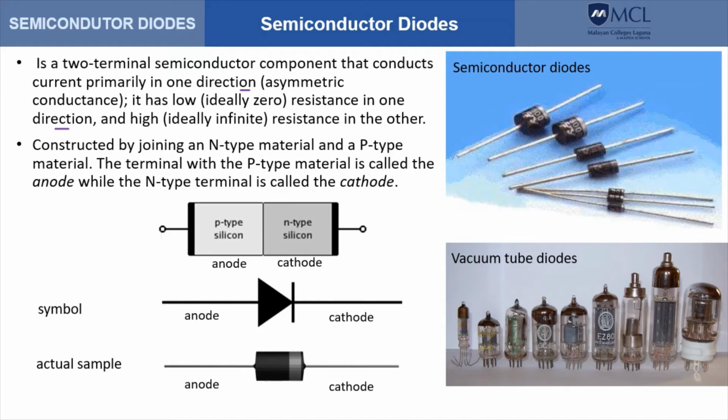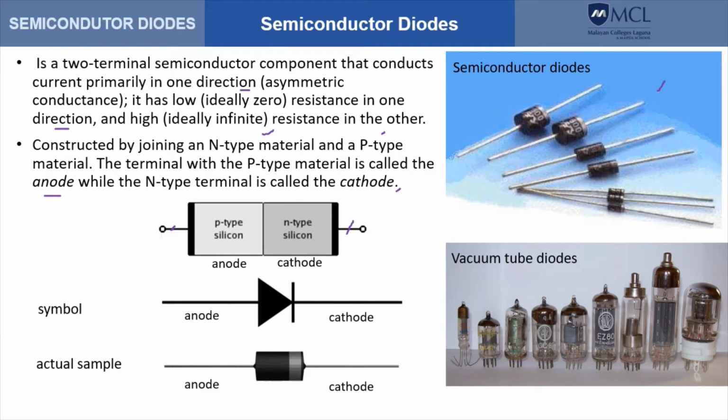These are actual pictures of semiconductor diodes. Now they are constructed by joining the N-type material and the P-type material. The terminal that connects to the P-type material we call the anode, while the terminal that connects to the N-type material is called the cathode.